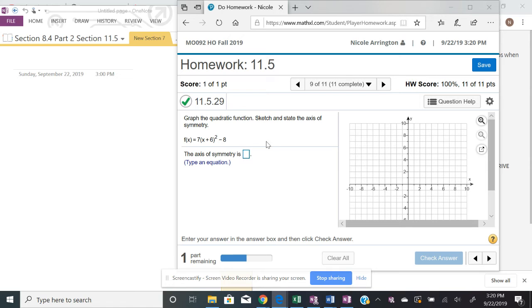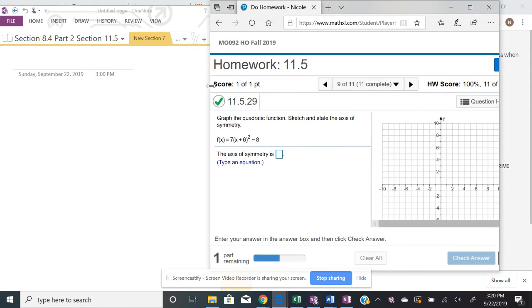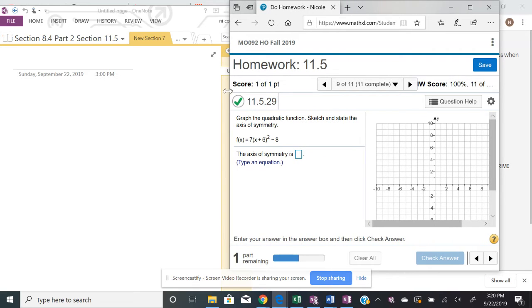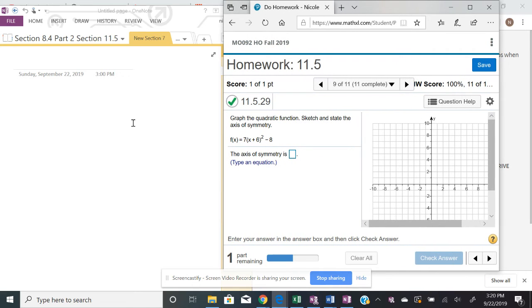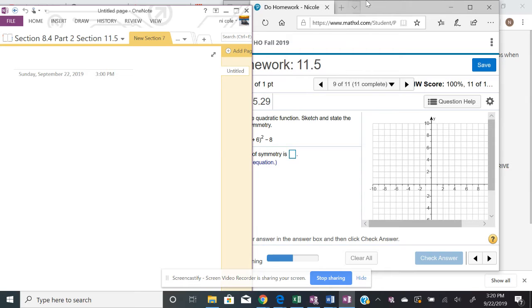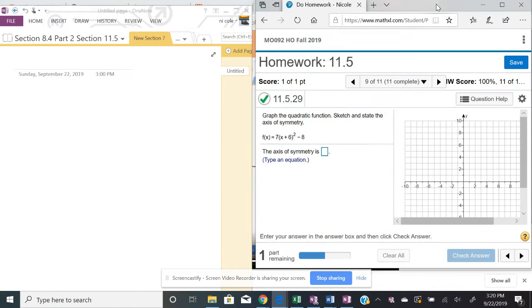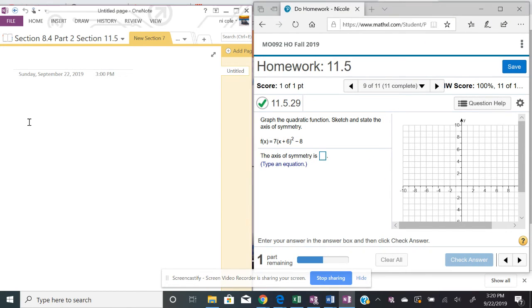The first thing I have to do with this problem is identify the vertex in order to graph it. I'm going to come over here and identify my vertex. My vertex is right here. That's the x value, but remember it's the opposite, so it is -6, -8.